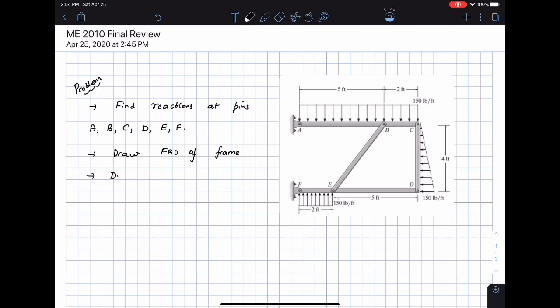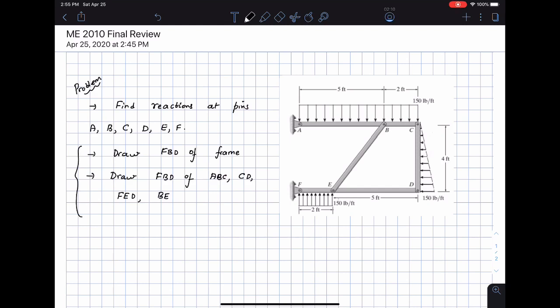So draw the free body diagram of the bar ABC, then the bar CD, then the bar DEF or FED, and then the bar BE. These are the two things that you're supposed to be drawing.